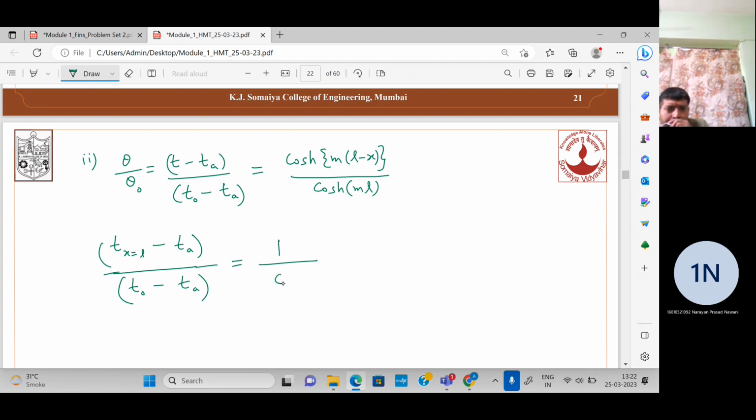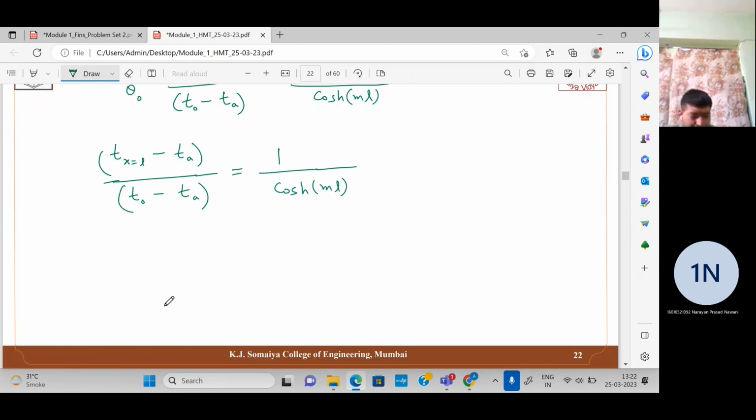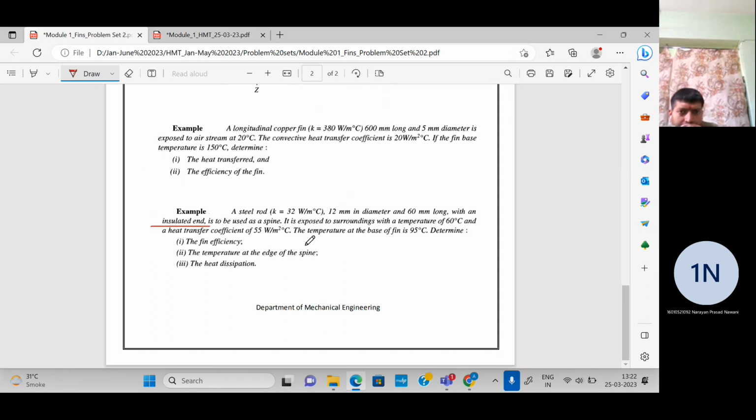So 1 upon cosh(mL). I'll just solve this. So temperature at x is equal to L minus TA. TA is 60. Just see this. What is TA? Surrounding with the temperature 60 degrees Celsius.